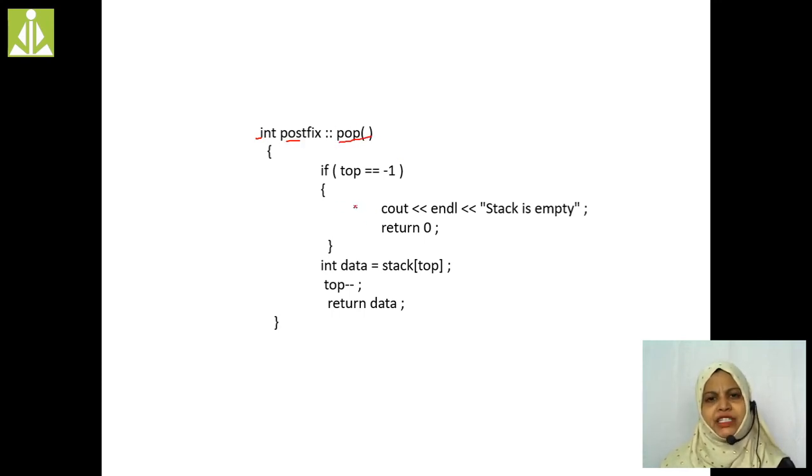If top equals minus 1, then the stack is empty. We can't delete an element from the stack, so the stack is empty, so return 0. Else you have to delete the top: take one data variable, data equals stack of top, top minus minus, and return the data, right?